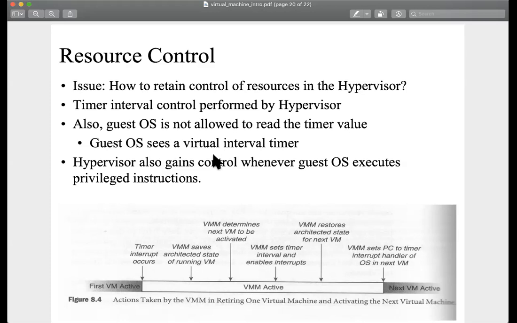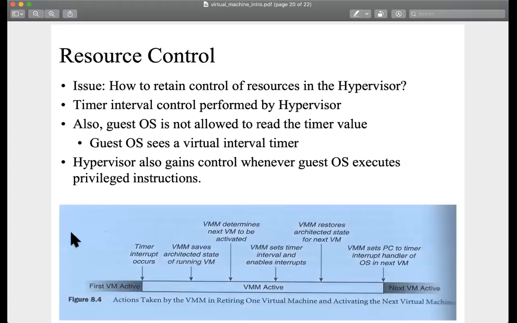So here's an example which shows how a hypervisor might switch the CPU from one virtual machine to another. Here you have the first VM running on a CPU. And then at some point, a timer interrupt occurs.